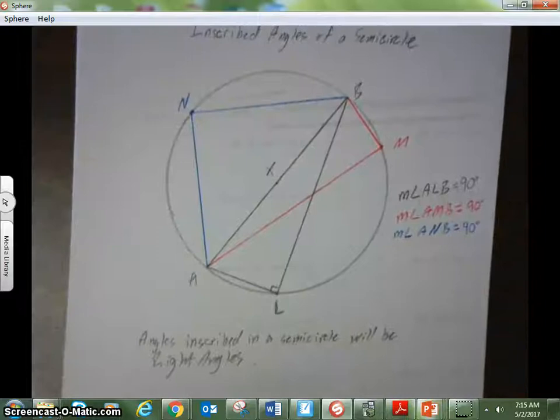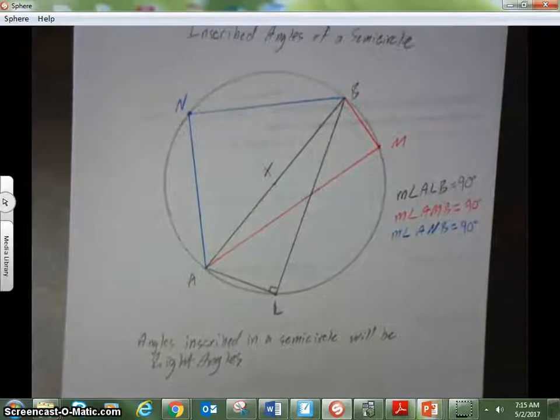And that is the overall conclusion that we're looking at here: if I have an angle that is inscribed inside of a semicircle, then the measurements of the angles will be 90 degrees, making them right angles.